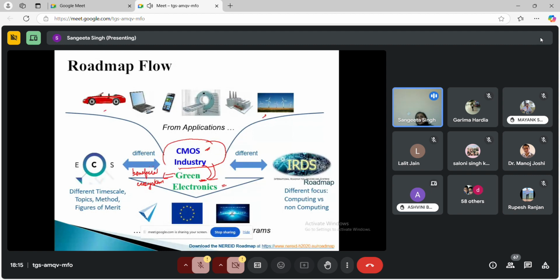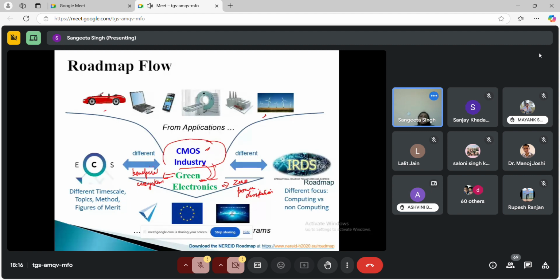If your electronics has zero power dissipation, in that case you can call it green electronics. But practically, can there be any transistor which gives you zero power dissipation? No. Ideally there can be, but practically, zero power dissipation is very far away from realization. Then what should be our approach in green electronics?